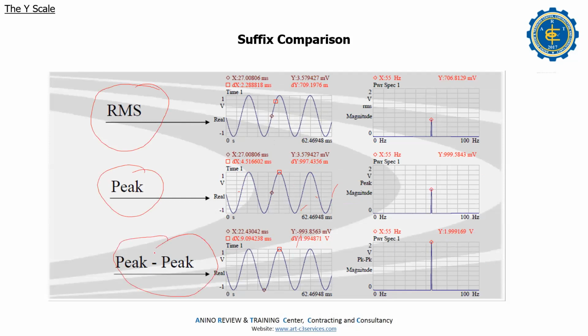In your analyzer, you can change directly, right? From RMS, then peak to peak. No, I don't think so. Because this one, if you use RMS, if you use peak, then peak, and peak to peak plus. So that's why we always use RMS value.